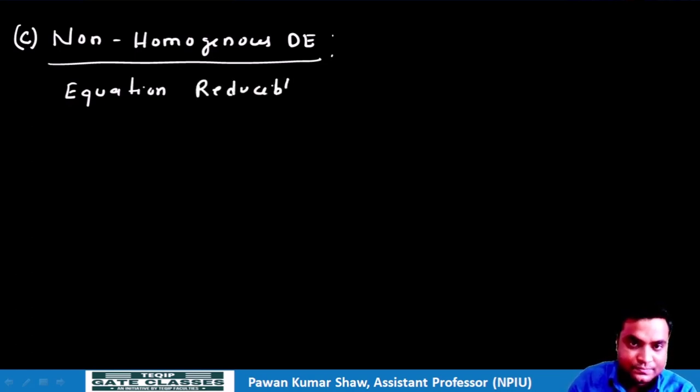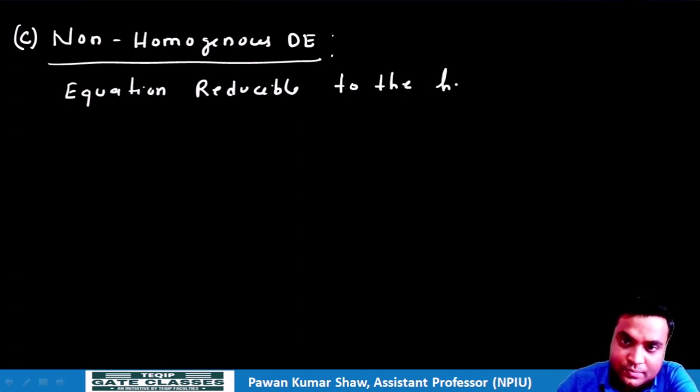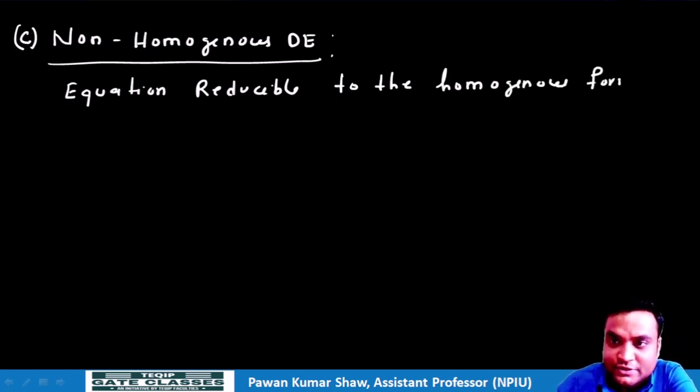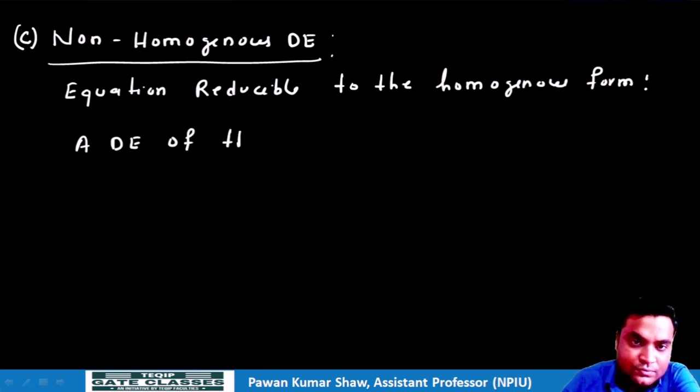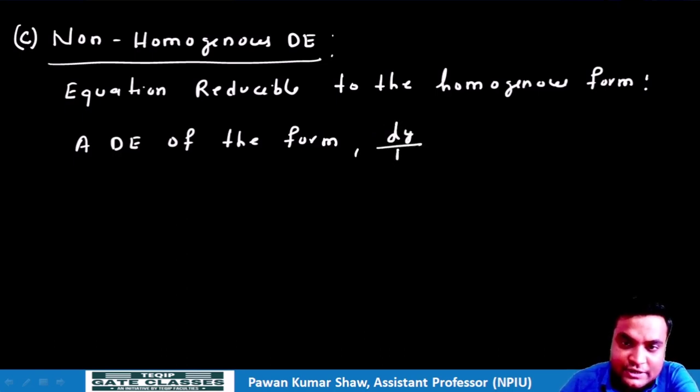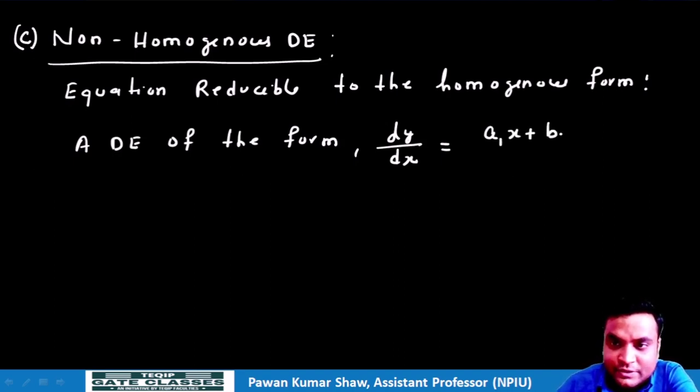So the equation reducible to the homogeneous form, that is our non-homogeneous type of differential equation. In that case, suppose a differential equation of the form, suppose the given equation is dy by dx equal to a1x plus b1y plus c divided by a2x plus b2y plus c.